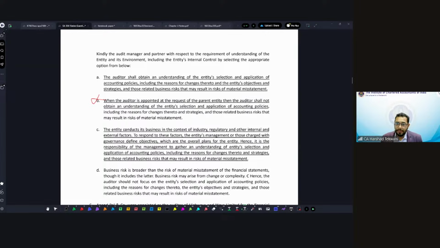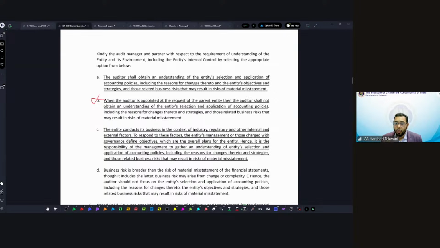See here, in this particular scenario, we are talking about management's responsibility. What it says is that management is responsible to gather the understanding, which is not correct. That is the responsibility of the auditor, not management.